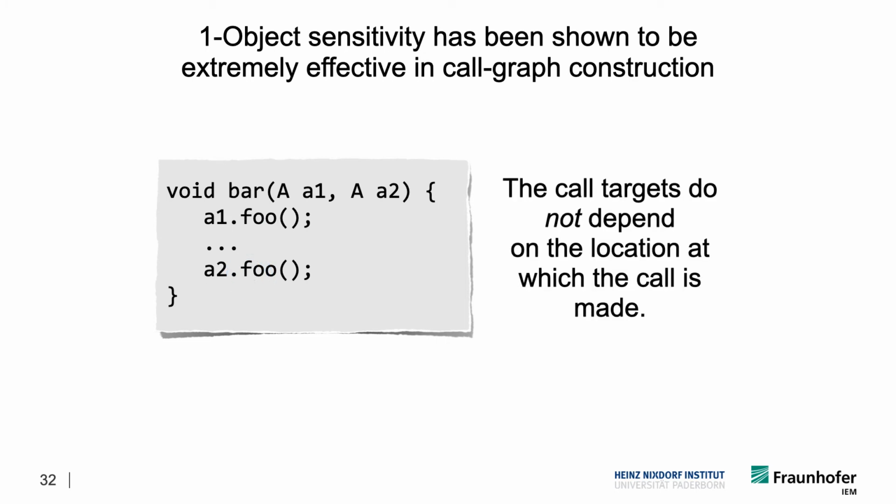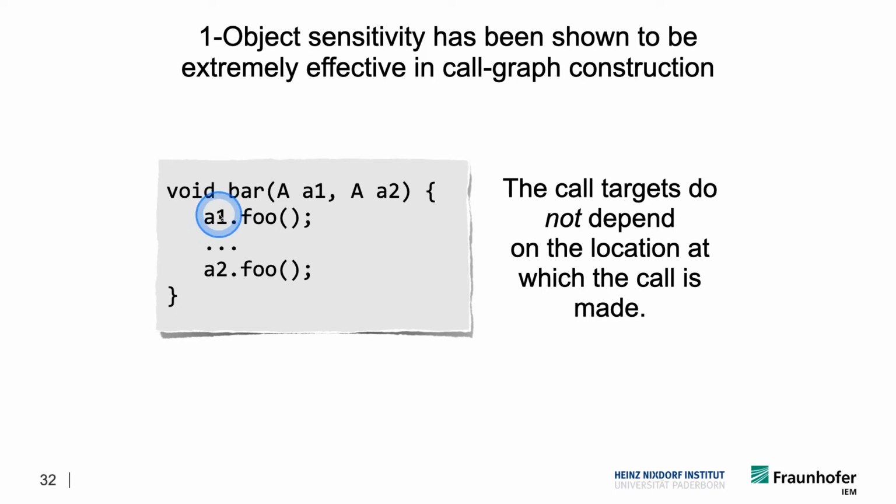Then you will see that the call target, the procedure that actually is called here or there, does not depend so much on the location. It really depends on what kind of object this foo call is being made on.